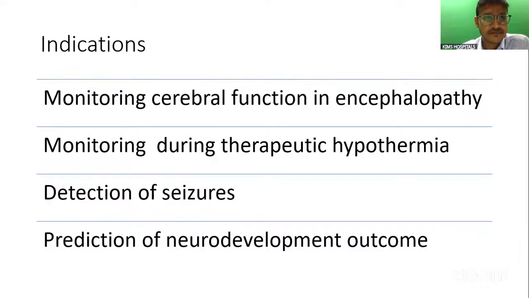First, let's see where amplitude EEG can be used in neonates. It is used to monitor cerebral function, basically in neonates who have encephalopathy due to any etiology, be it hypoxic ischemia, hypoglycemia, or any other cause.